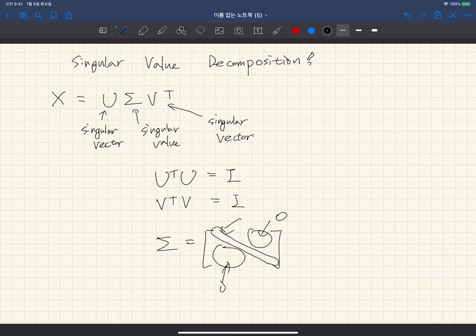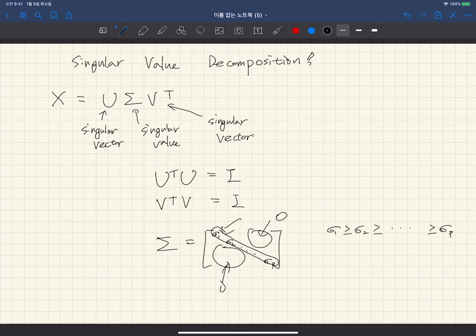Okay, let's say this is sigma 1, sigma 2 up to sigma p, and basically sigma 1 is greater than or equal to sigma 2, and so on. So the singular values on the diagonal part are sorted by value in descending order.